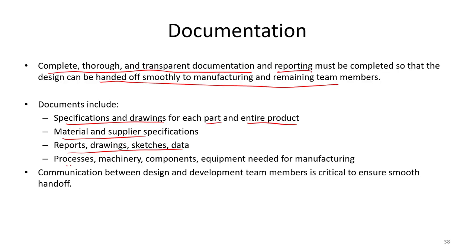And the development team is also going to need to figure out what equipment, processes, and components are needed for manufacturing. So once again, strong communication between the design team and the development team is extremely important to ensure a smooth handoff from the design team into manufacturing.